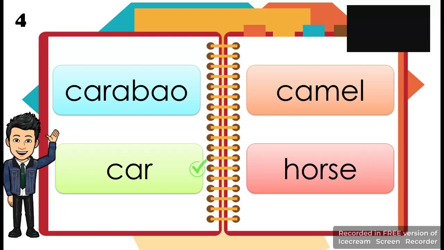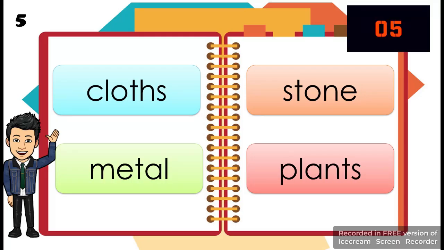The correct answer is car. Number 5, cloth, metal, stone, and plants. The correct answer is plants. Very good, kids.